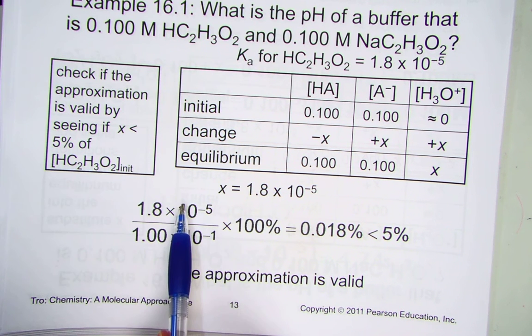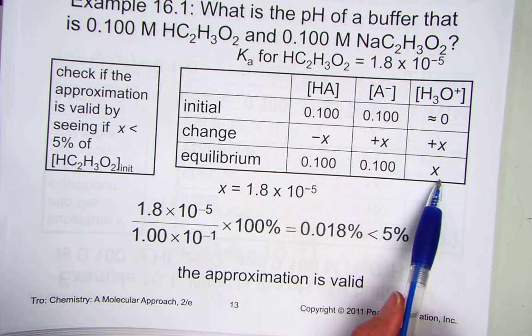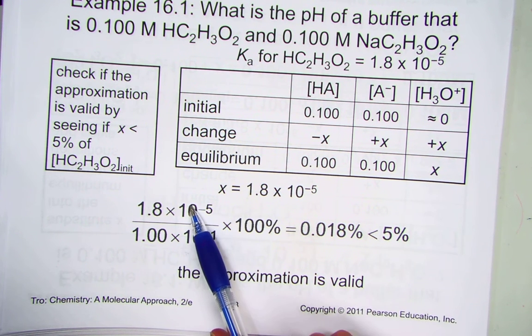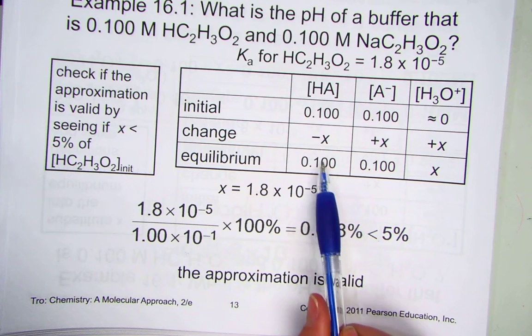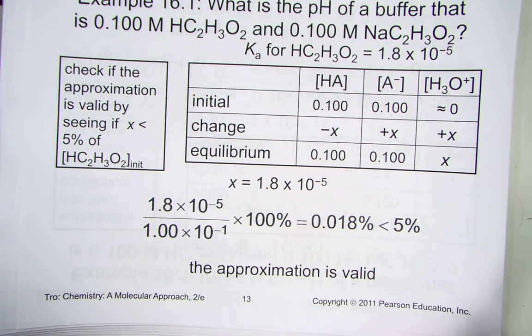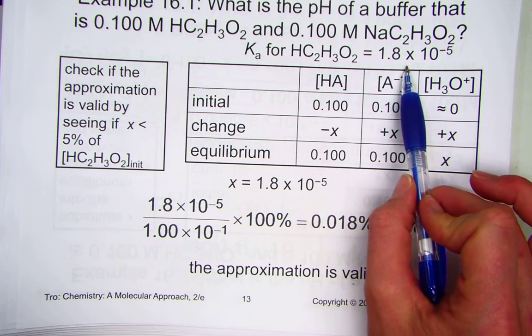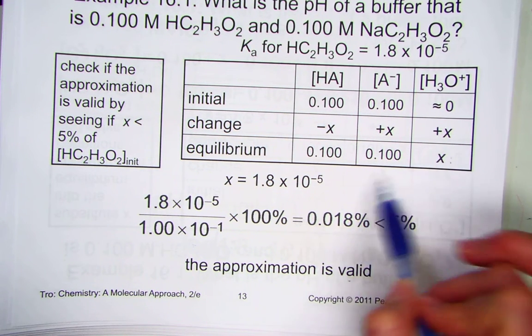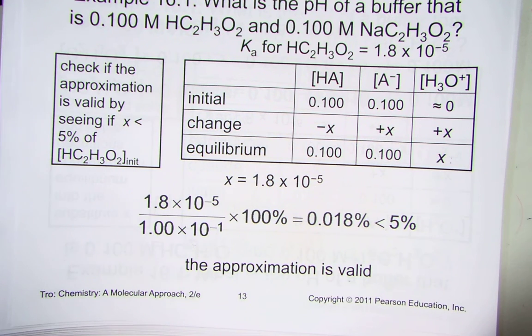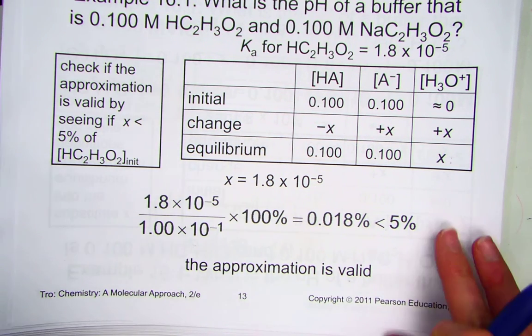They're testing the 5% rule, which I had mentioned. The 5% rule says that if the amount of X, indeed, the amount dissociated, is less than 5% of the original concentration, we are indeed allowed to toss out the value of X. So this slide is just proving to us that Ka, which comes out to be the concentration of hydronium ion, does indeed fall within the 5% limit, and so our math is valid.